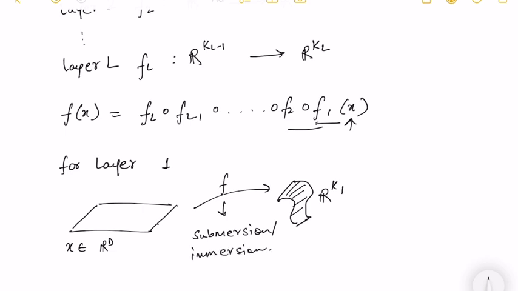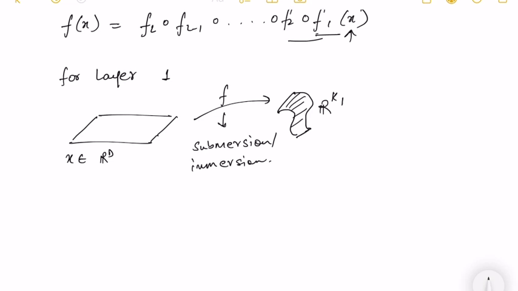To be able to comment on that, what we need to find is the Jacobian of this transition map, or this function that is going from R^d to R^k1.